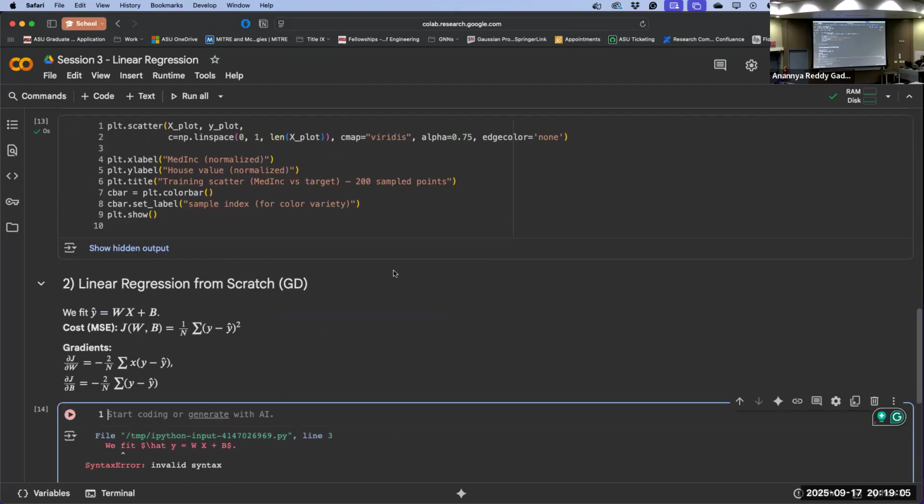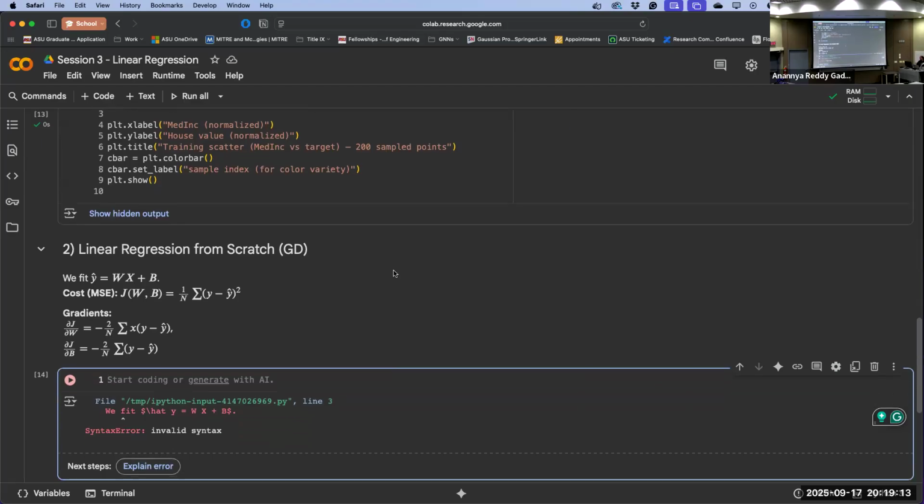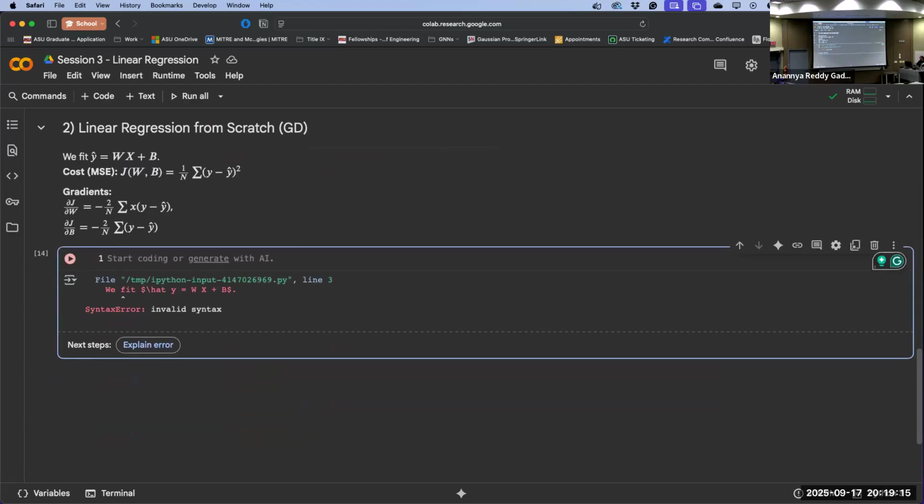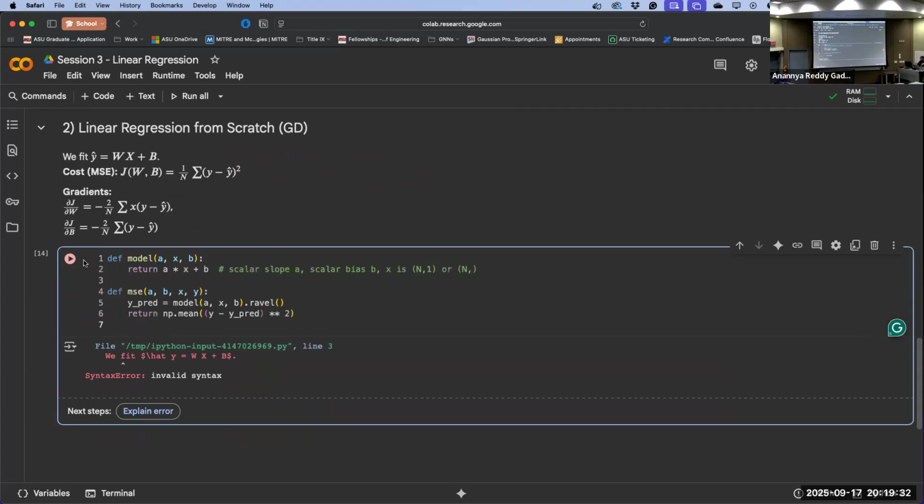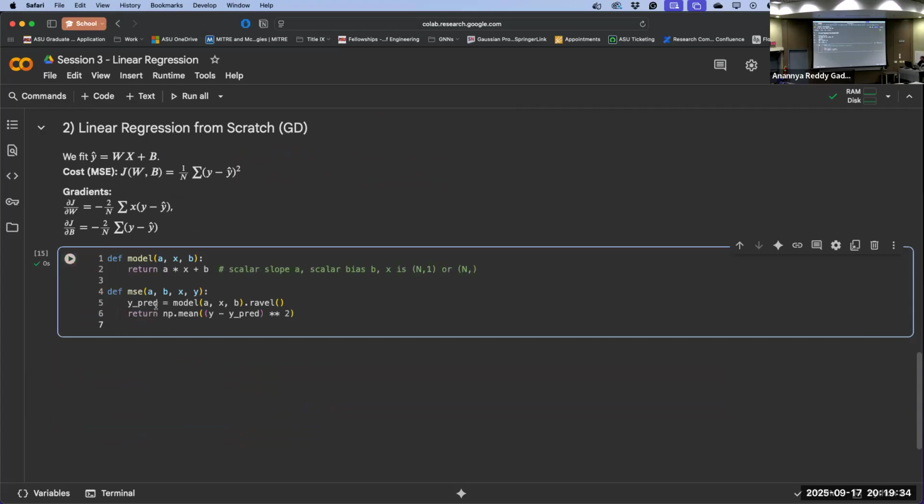Here I just gave you a few formulas: the line equation formula, the MSE formula, and the gradients formula. Let's go ahead with the next part of the code. Now that we have all the initial steps required to get the data ready, we completed data pre-processing, where we selected the only feature that we wanted, mean income.